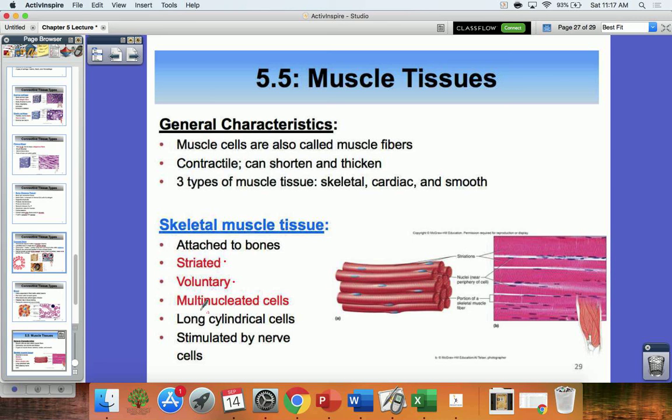It's also multinucleated, which means that it has multiple nuclei. They're not branches, literally just these rod-shaped cells, and those cells are going to have multiple nuclei within them.